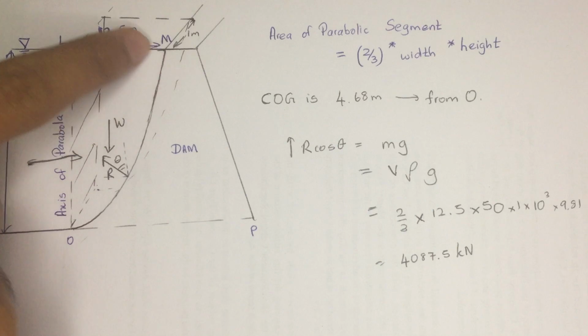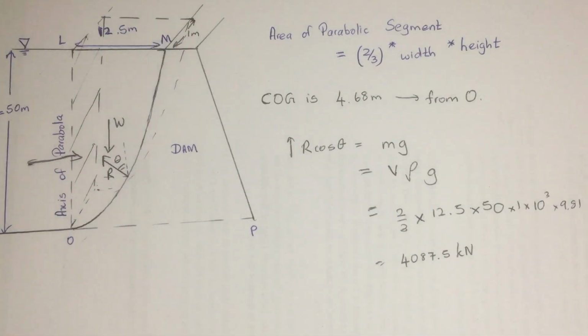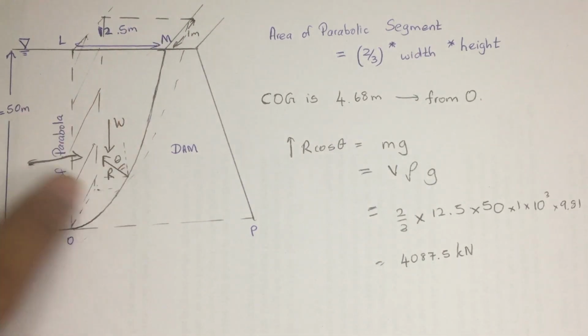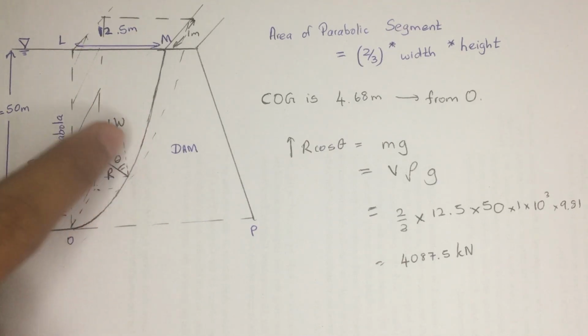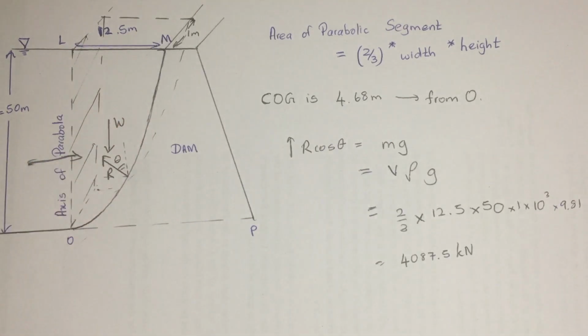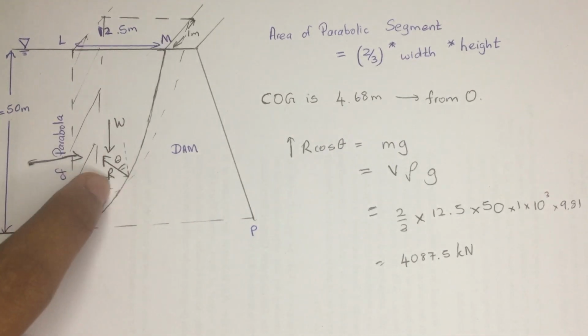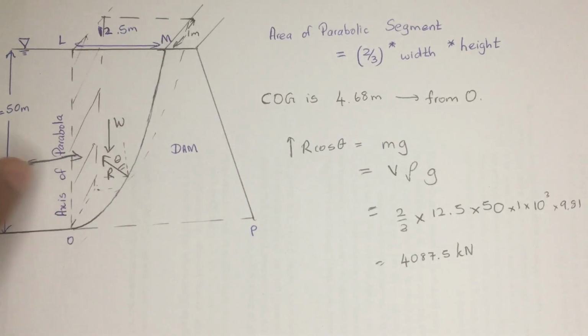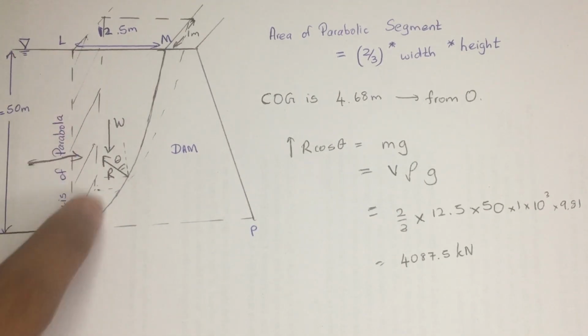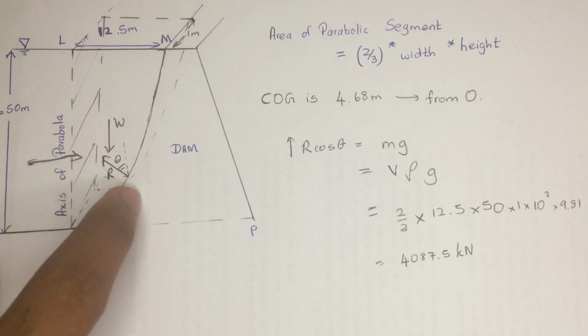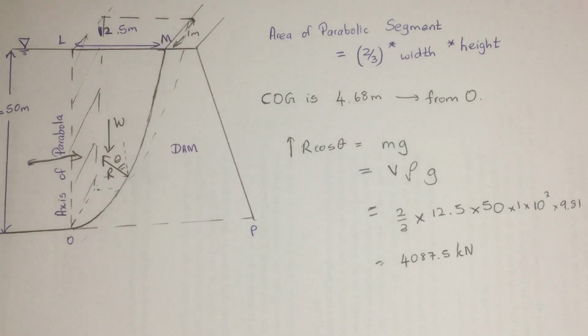When you are considering the equilibrium of this water volume, we have discussed that there are only three forces, so we can directly tell the weight would be equal to the vertical component of the hydrostatic thrust, and the horizontal component, which is made by the water from the left side of this water volume, is going to make a force on this rectangular area. So it's going to be equal to the dam's hydrostatic thrust force in the horizontal direction.